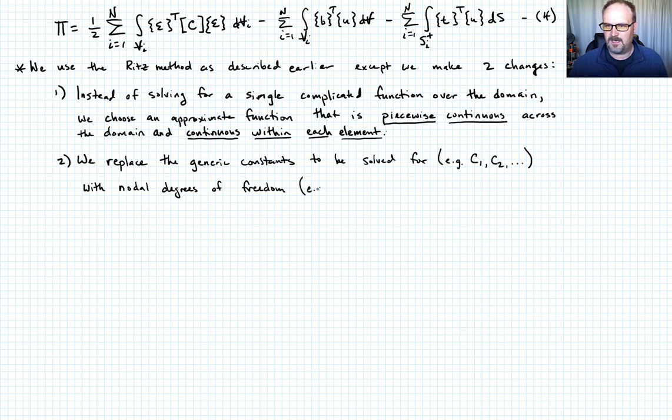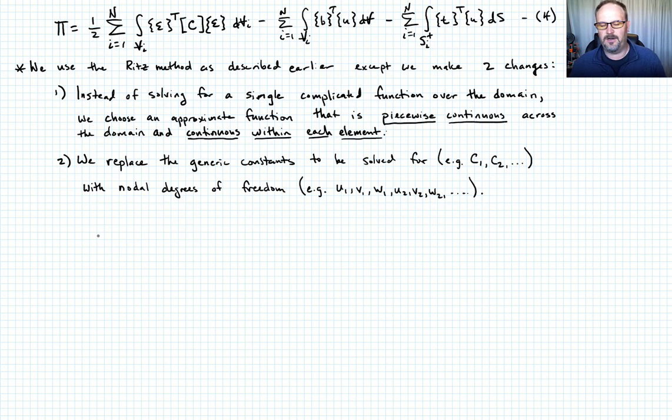So instead of C1, C2, etc., now we're going to have U1, V1, W1, those are our X, Y, and Z displacements, U2, V2, W2, etc. Okay? You've seen this before.